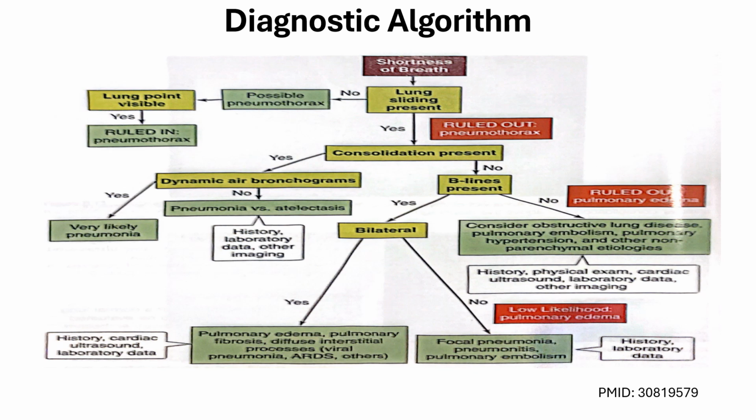When you see lung sliding, the next question is whether consolidation is present, which points towards pneumonia or atelectasis, and if not, the next question is, do you see B-lines? And if present, you can see whether they are bilateral or diffuse, or unilateral or limited to one field. And again, please take a second to review this flow chart.